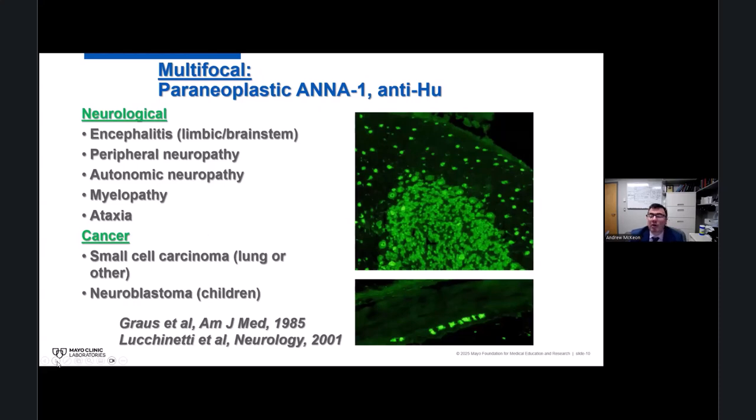Then there are patients who have more of a multifocal presentation. They can have multi-level involvement, so limbic involvement, brainstem involvement, maybe peripheral and autonomic neuropathies, myelopathies, and ataxias. And this is now conceptualized in criteria for paraneoplastic disorders as an encephalomyeloneuropathy. And this has a very high index of suspicion for a small cell lung cancer associated antibody.